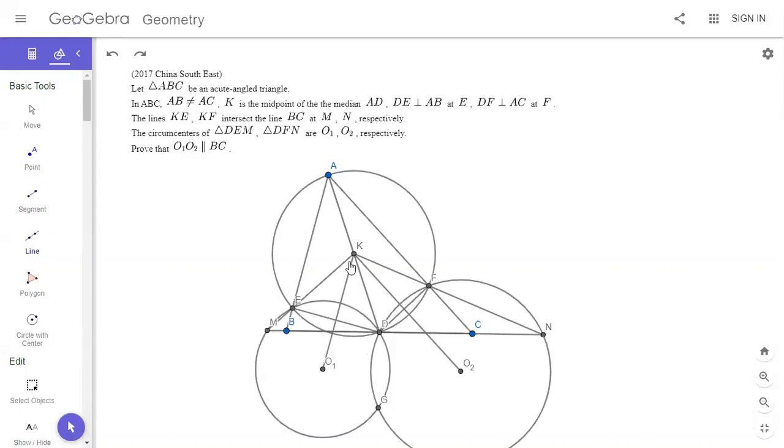Yeah, that's true because K and O1 are the centers of the circle, so KO1 is perpendicular to DE, and so KO1 has to be parallel to AB. Okay.